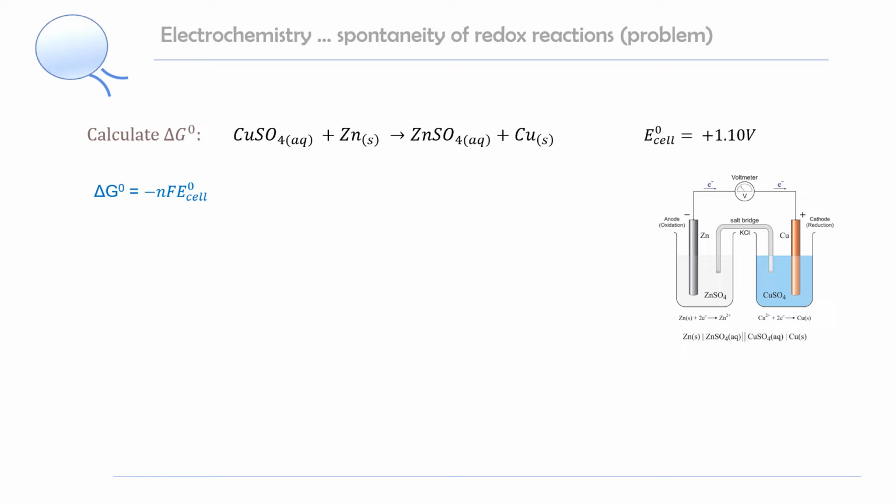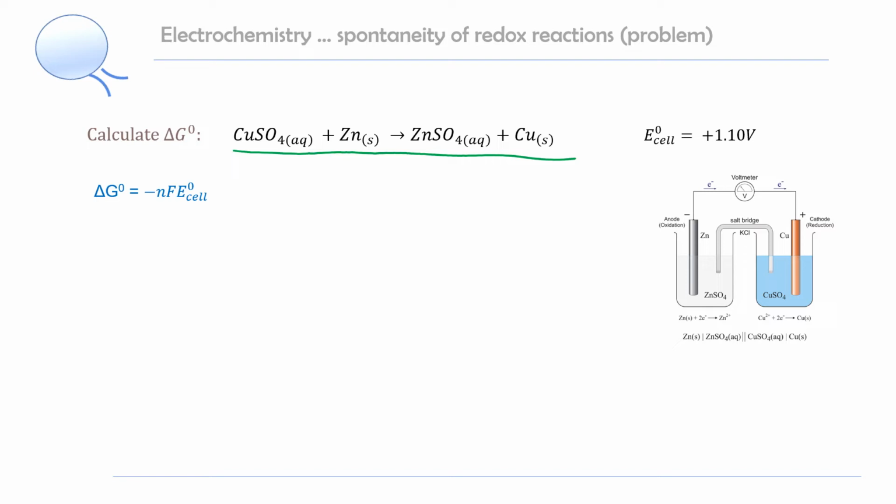Next, we want to take the equation that relates Gibbs free energy to the cell potential to do a calculation. So let's go back to our previous example of our electrochemical cell, in which we have copper sulfate reacting with zinc metal to give zinc sulfate and copper metal.